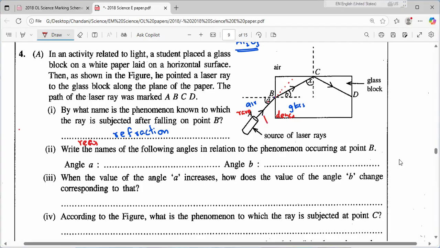And the angle A is the angle of incidence. Here this is the incident ray and this is the refracted ray.